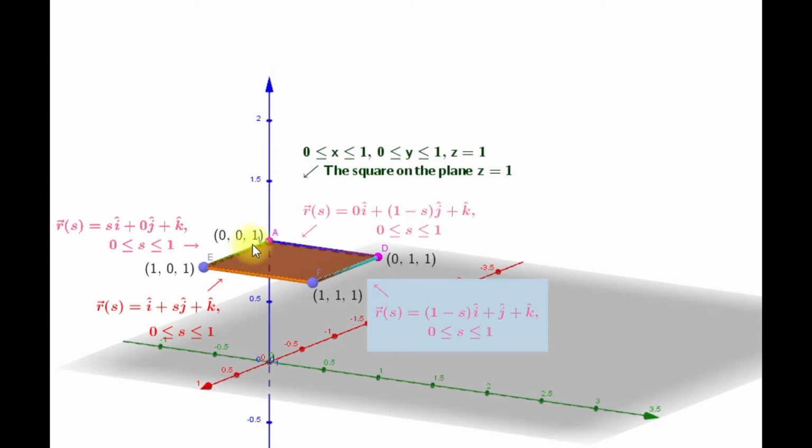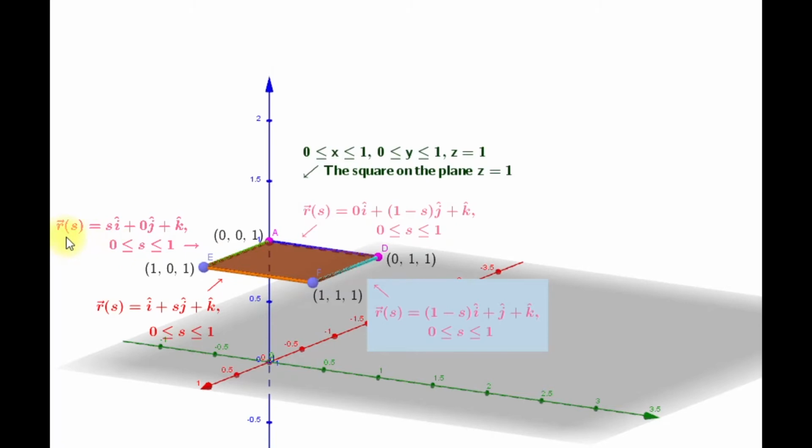And we are going to parameterize these line segments, and we consider the parametrization, and also the vector valued function that represents the line segment. We note that on this line segment the z value is always 1. The y coordinate is always 0, but at the same time x values vary from 0 to 1.